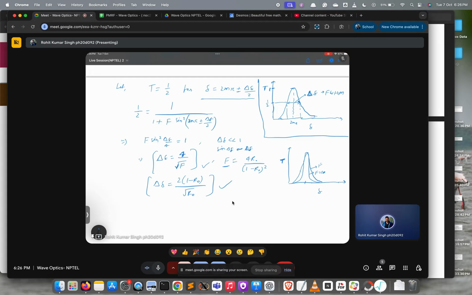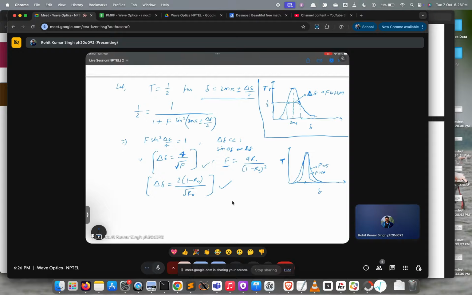So this will be like F equal to 5, and so on. So this width depends on the coefficient of finesse.